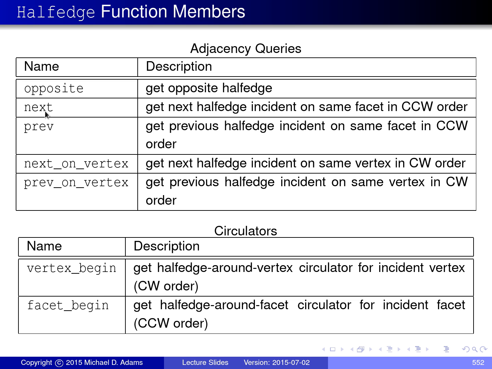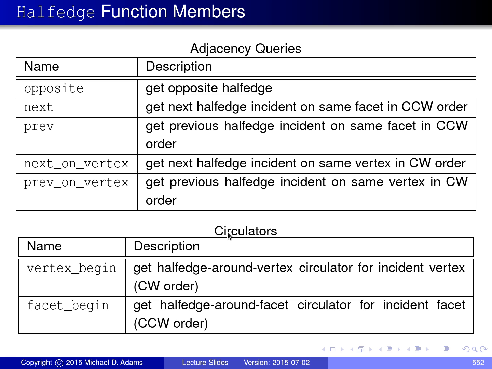The next member function gets the next half-edge that's incident on the same facet in the counterclockwise ordering. Prev, which stands for previous, gets the previous half-edge incident on the same facet in the counterclockwise ordering. And then next_on_vertex and prev_on_vertex, where prev stands for previous, get the next half-edge and previous half-edge incident on the same vertex in clockwise order.